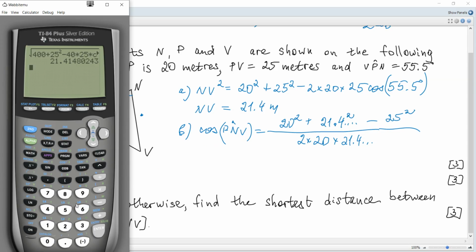So it's 400 plus just the answer squared minus 25 squared, and divided by the answer.